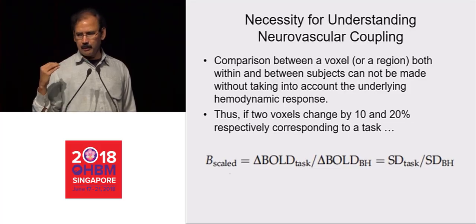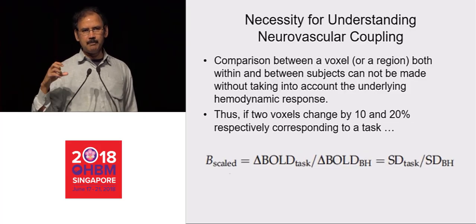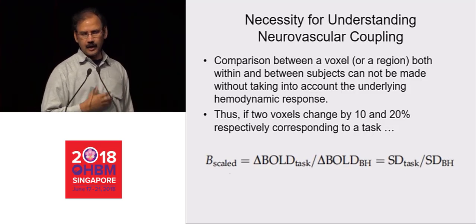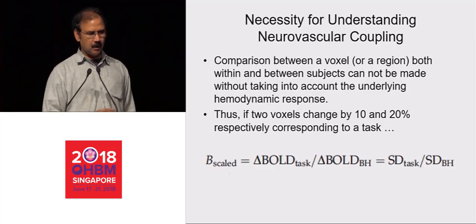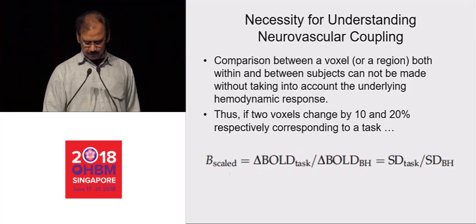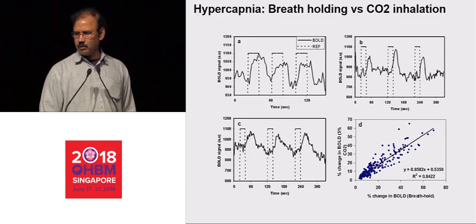There is no neuronal component. So by dividing by the change during task, we are calibrating the vascular effect.